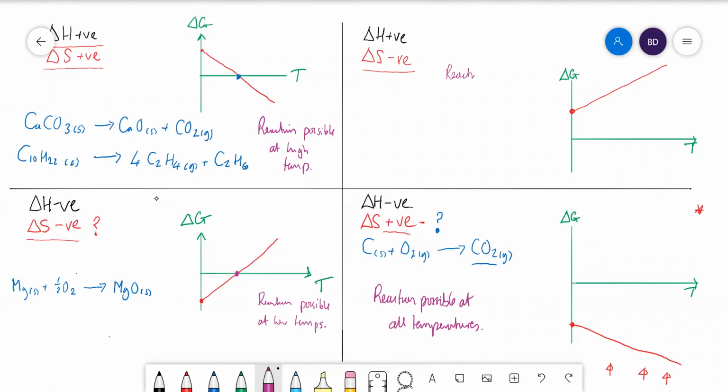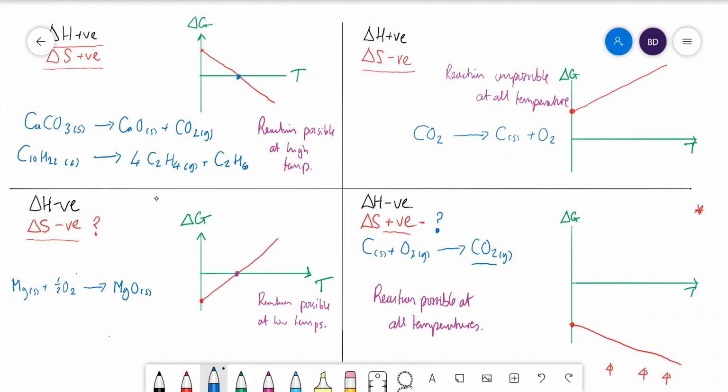So in other words, there aren't any reactions like that, so I can't give you a reaction for that one. But if you wanted to cheat a little bit, you could consider carbon dioxide decomposing to form carbon and oxygen.